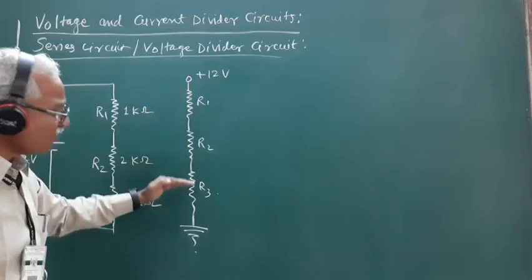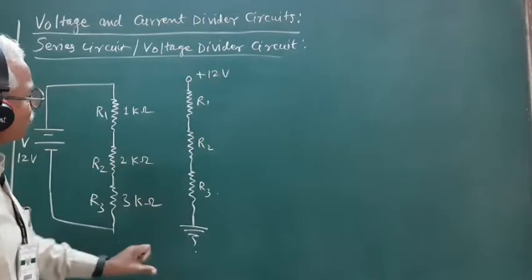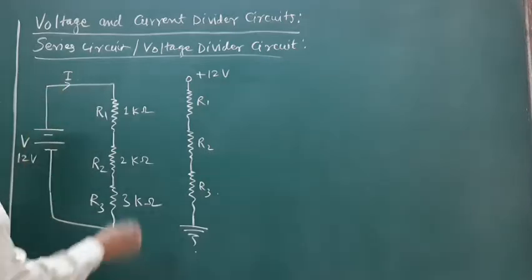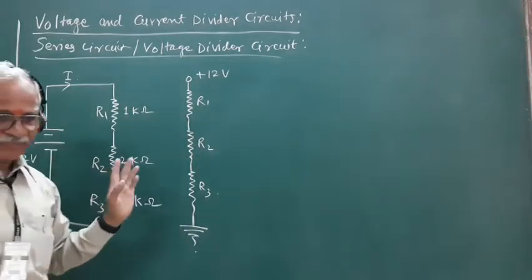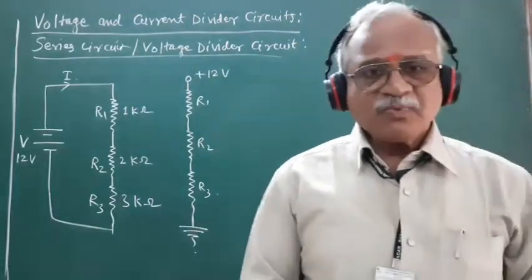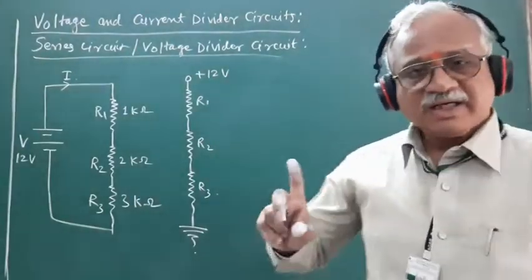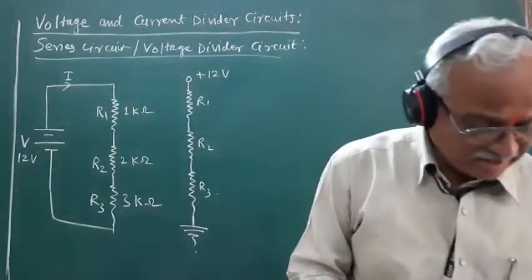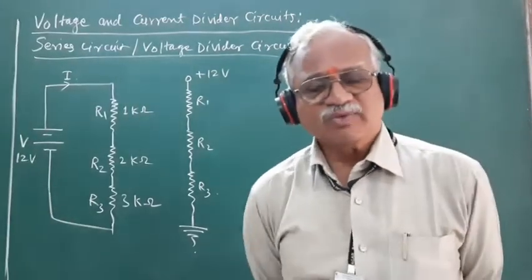So this series combination of the three resistors is connected between the positive terminal of the source and the ground, so that whatever current is sent by this source of EMF, the same current flows through all three resistors. The most important point to remember here is that if the given resistors are connected in series, then the current flowing through all three resistors remains the same.